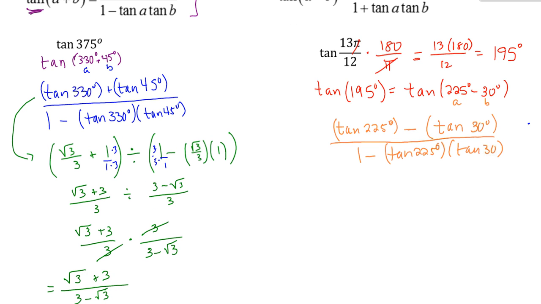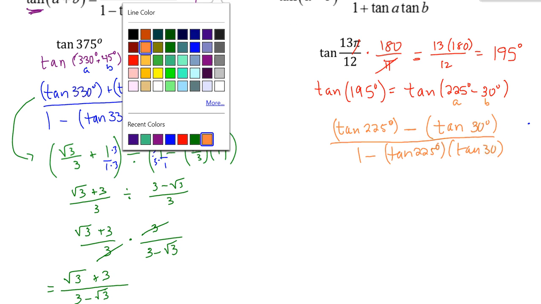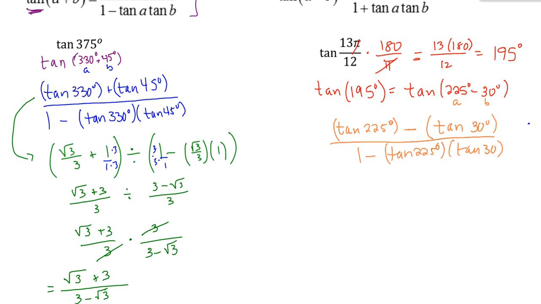Okay, here we go. We're going to go with this side. So tangent of 225 is 1 minus tangent of 30 is square root of 3 over 3. That's the top, divided by 1 minus, again, tangent of 225 is 1 times tangent of 30, which is square root of 3 over 3. All right, common denominators again. Times 3.